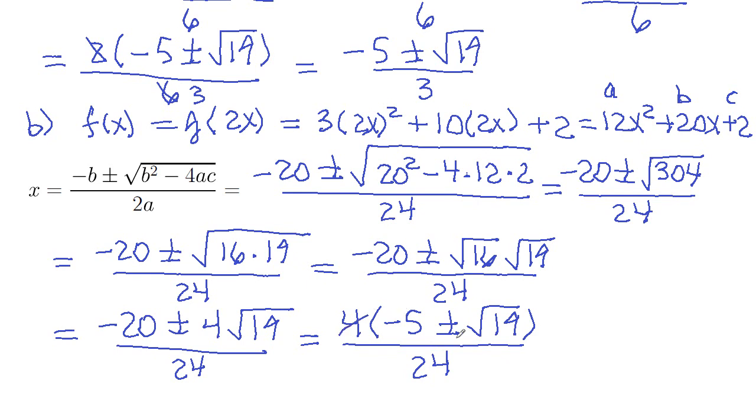So then 4 cancels into 24, leaves us 6. So this is negative 5 plus or minus root 19 over 6. And then look what we had up here, negative 5 plus or minus root 19 over 3. So here we're dividing by 6 instead of 3, a number that's twice as big. That makes the ratio half.